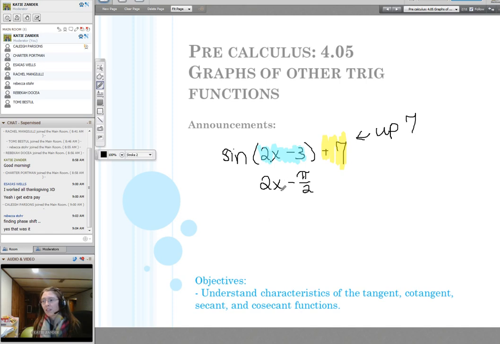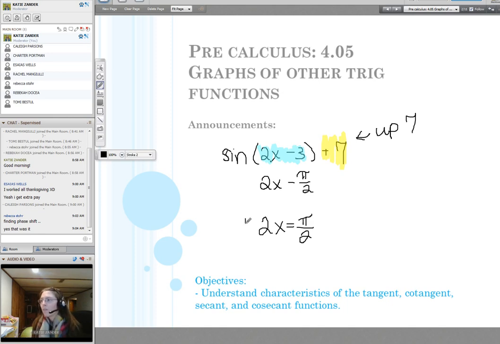The 2 in front of that also plays into the shifting of it. So I would take that whole set inside the parentheses and solve for x. I'd end up having to add the pi over 2 first, and then divide by 2, which is the same thing as multiplying by 1/2.